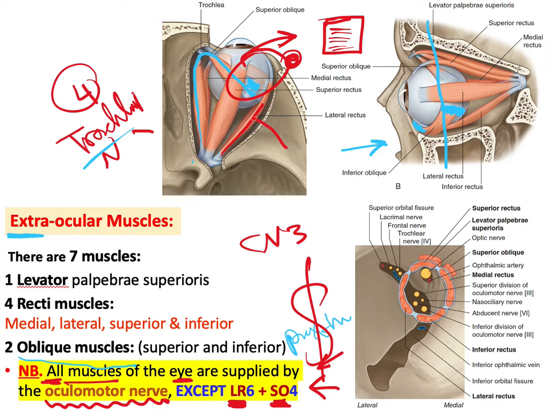That's why the nerve that supplies it is the cranial nerve number 6, which is the abducent nerve. So the superior oblique by trochlear number 4 and lateral rectus by cranial nerve number 6. Trochlear, abducent nerve.